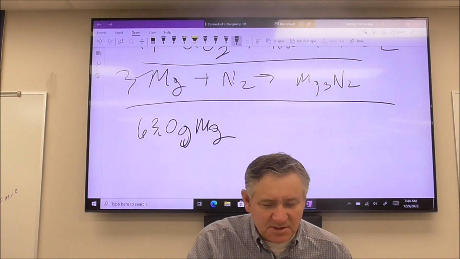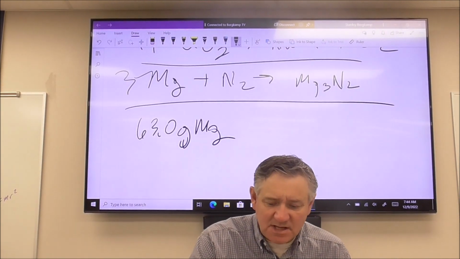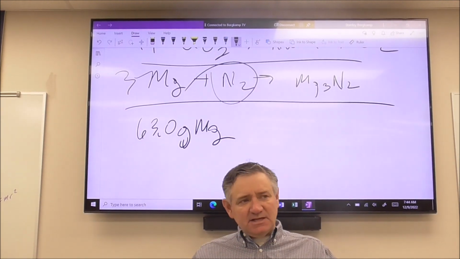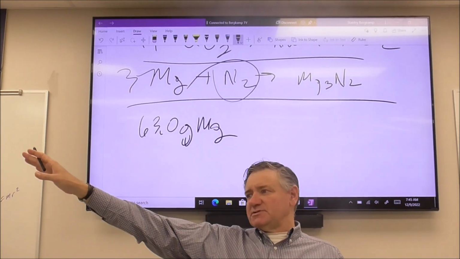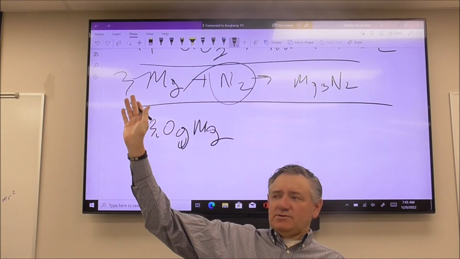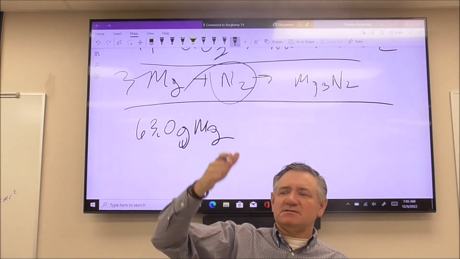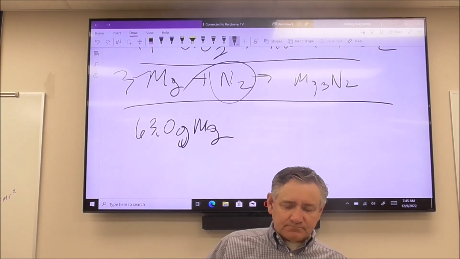Because what you would have to assume, since you don't have any other information, is that this reaction is going to go until the magnesium is used up and you have an excess amount of nitrogen. That's the only thing you could do. As soon as the magnesium runs out, the reaction stops.